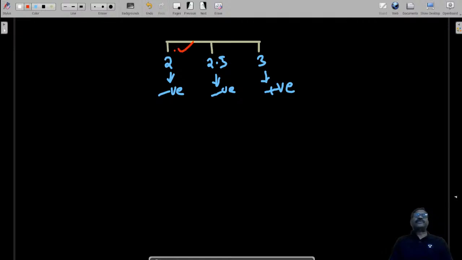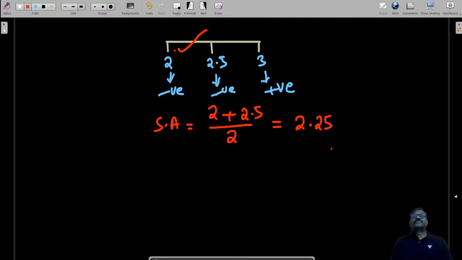Therefore, the root lies between 2.5 and 3. The second approximation is 2 plus 2.5 by 2, that is 2.25.